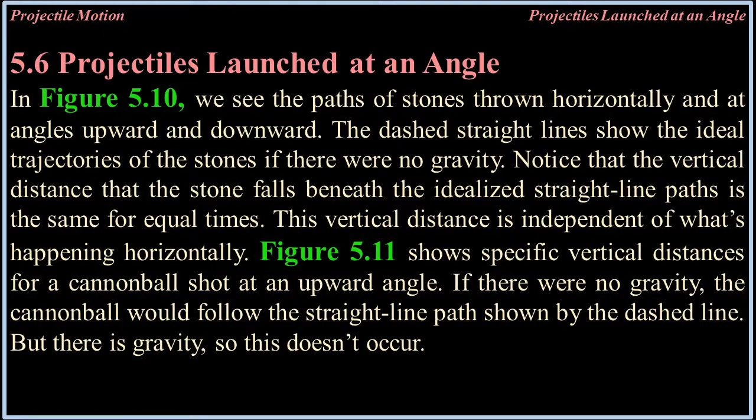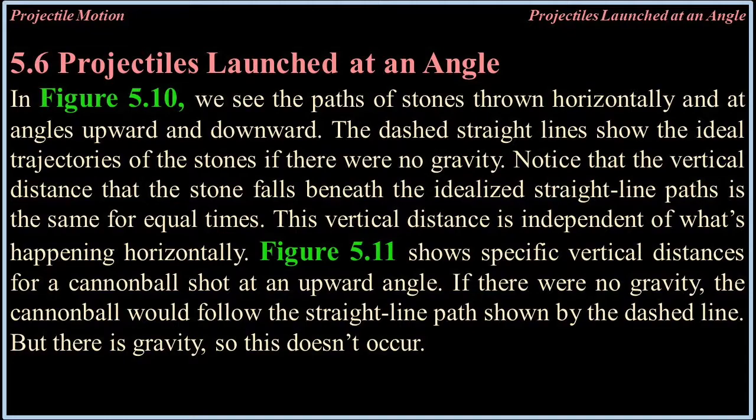5.6, projectiles launched at an angle. In figure 5.10, we see the paths of stones thrown horizontally and at angles upward and downward. The dashed straight lines show the ideal trajectories of the stones if there were no gravity. Notice that the vertical distance that the stone falls beneath the idealized straight line path is the same for equal times.